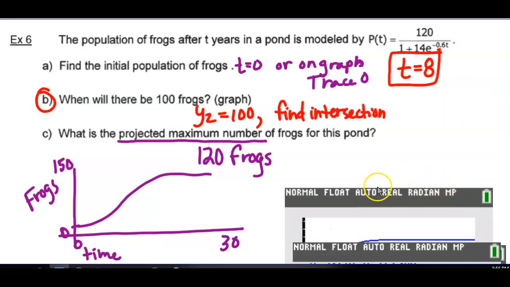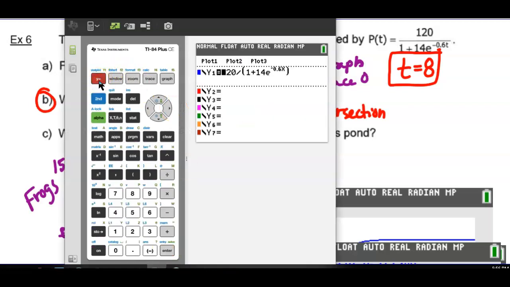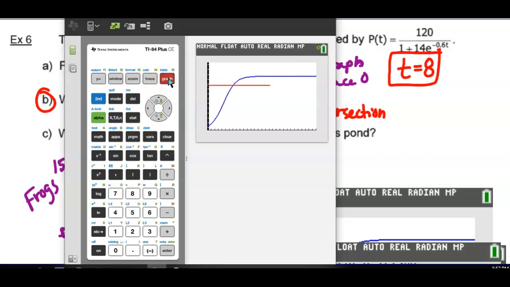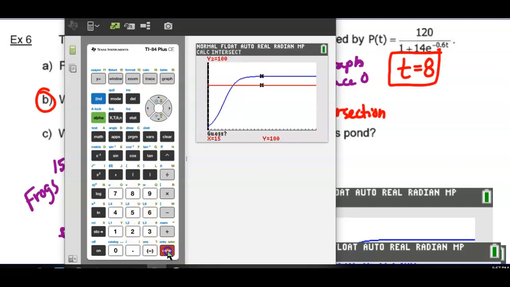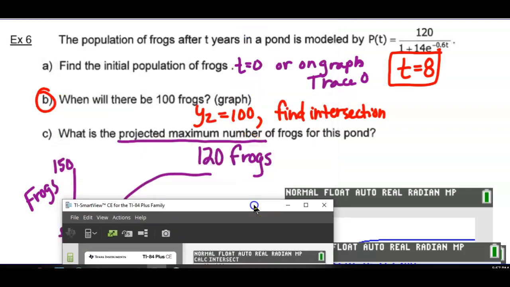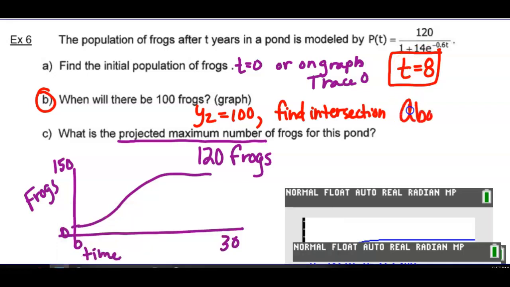I don't have it on here. So I have no idea if it's still typed in here. Oh, it is. Thank goodness. So I'm going to go down here and put in 100. And then I'm going to find the intersection point, second trace, choice 5. And it says 7.08. So about 7.1 years until we have 100 frogs.